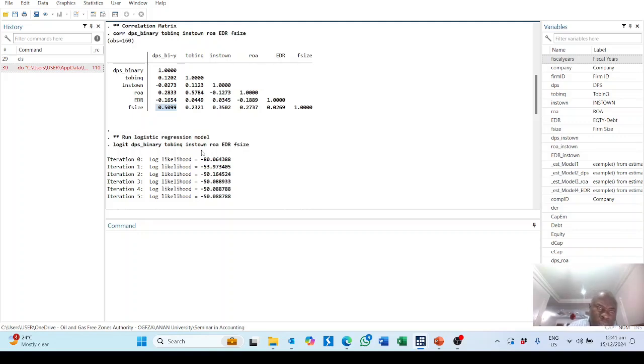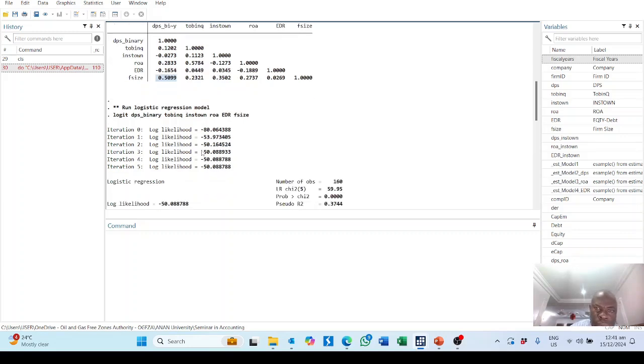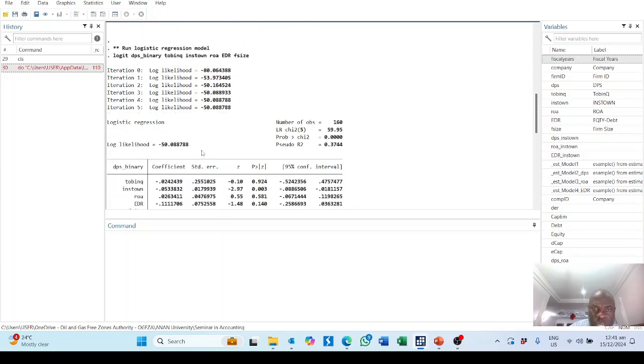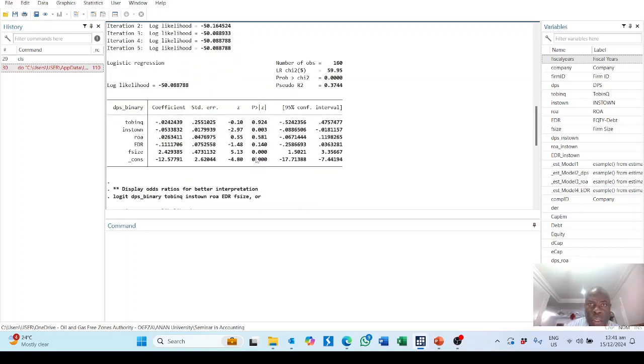The logistic regression is run, and the result is as we have it. The number of observations is 160, and the pseudo R square is 37%, which mimics the way we interpret the multiple regression analysis.